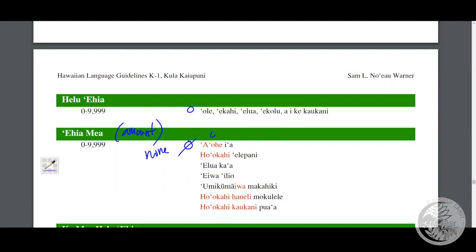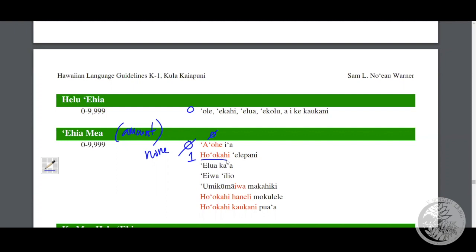Really what it's saying is 0 fish, or no fish at all, aohe ia. Now, as we just shared, whenever I give an example of a number as an amount of 1, it's not ekahi unless I'm counting ekahi, elua, ekolu, but whenever I'm answering the question of how many, hookahi always represents one as an amount.